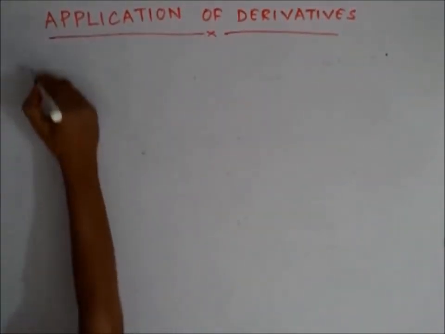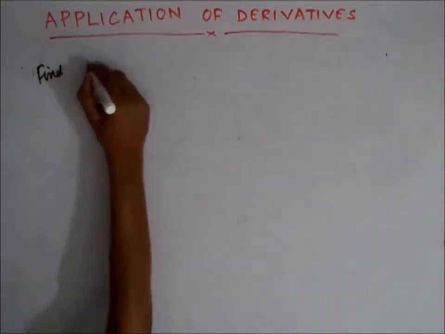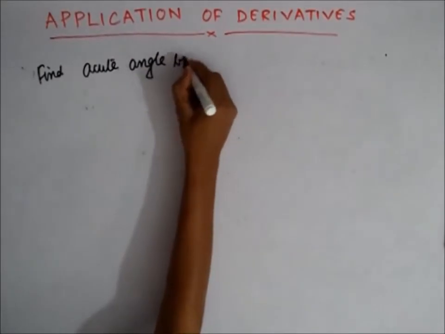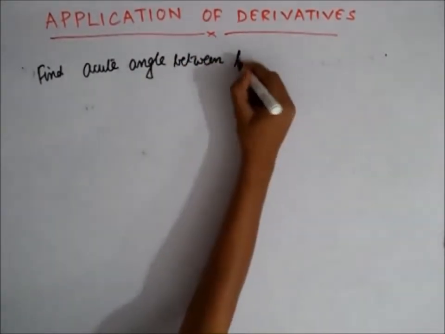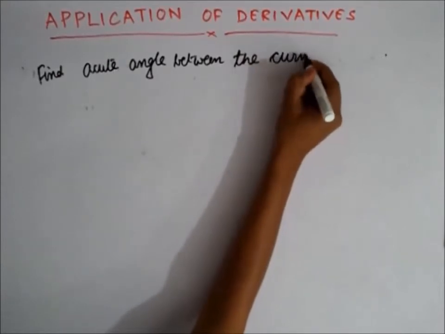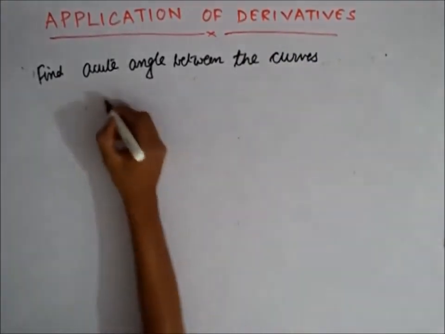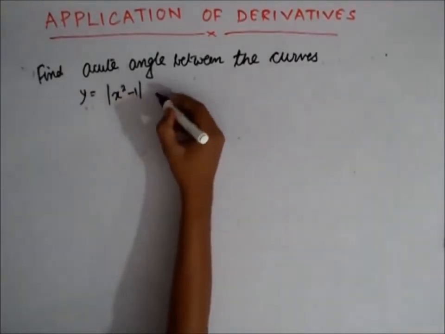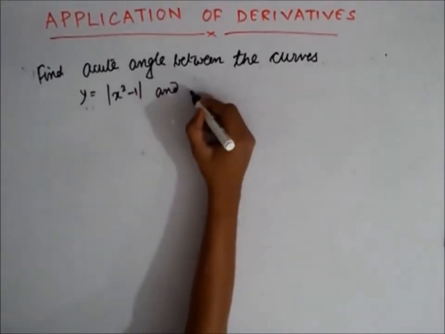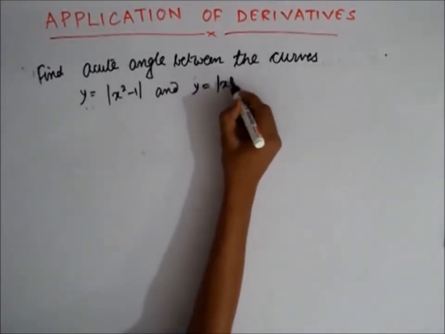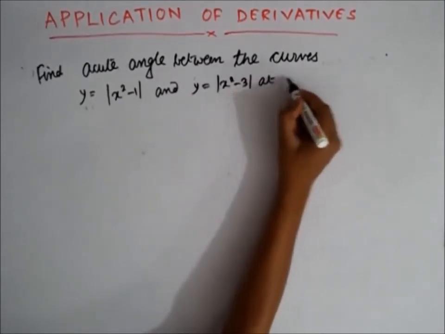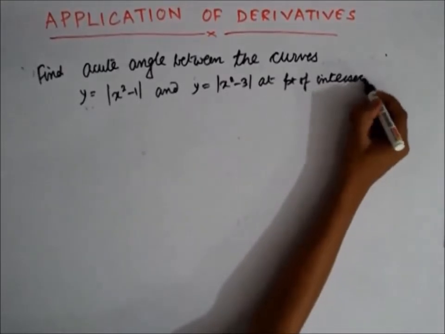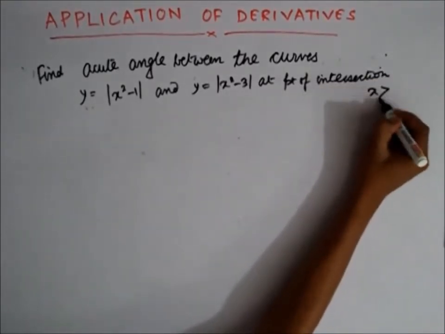The question is, find the acute angle between the curves y equals to mod of x square minus 1 and y equals to mod of x square minus 3 at the point of intersection, given that x is greater than 0.